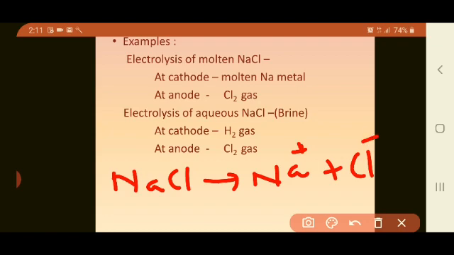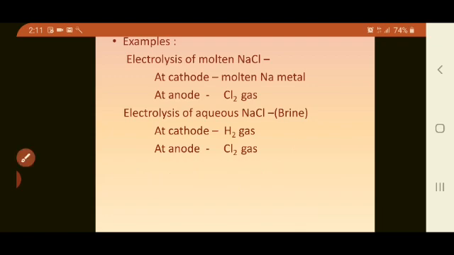As Cl is minus, it goes to anode, and Na is plus charge, it goes to cathode, but it is in the form of molten Na, that is in liquid form.